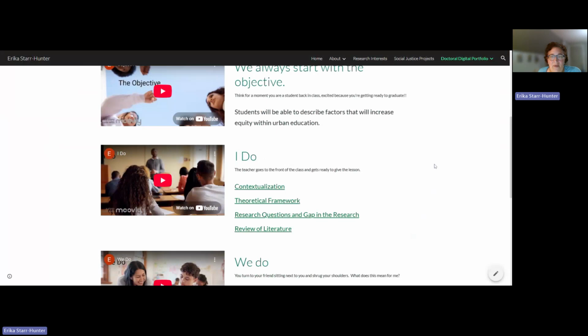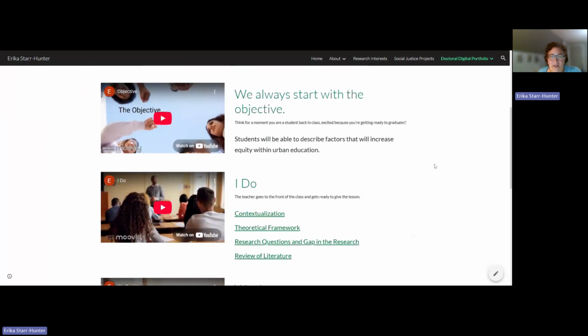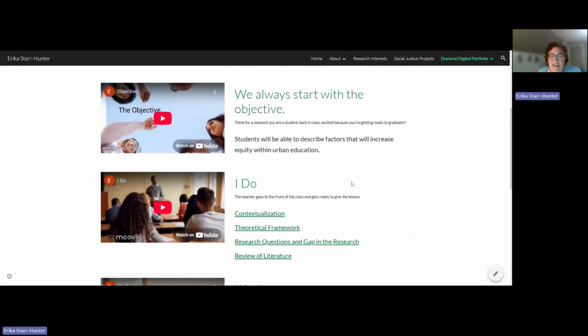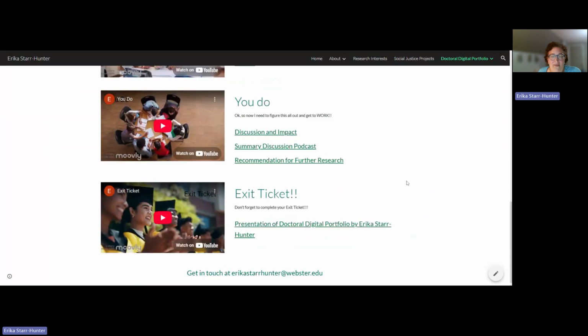So then I broke it down into the objective for this project, and then the gradual release model of I do, we do, you do, and then the exit ticket.